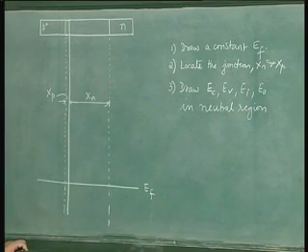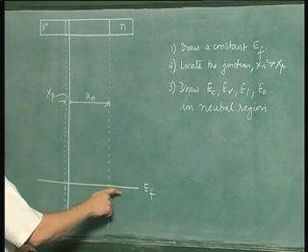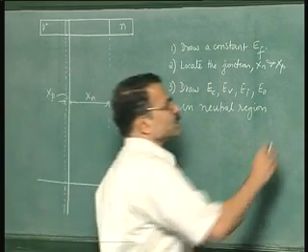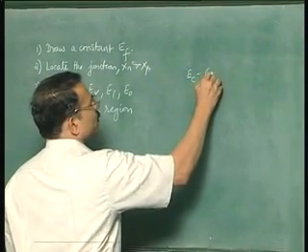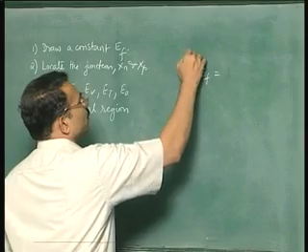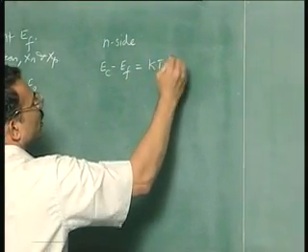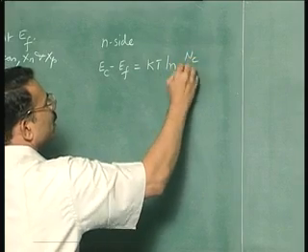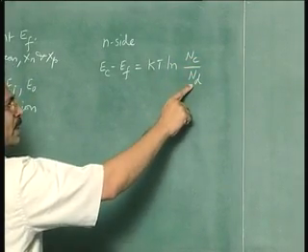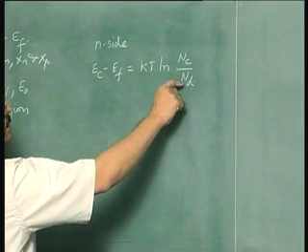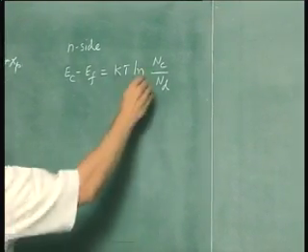So to do that, we must know on the n side where is EC. This can be done as follows. You use the formula EC minus EF on the n side is equal to KT ln NC upon ND. We are assuming complete ionization and neglecting thermal generation. So the majority carrier concentration is equal to the doping. Now you substitute the values.